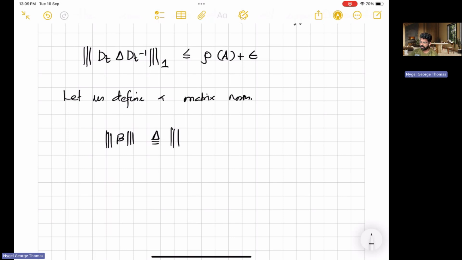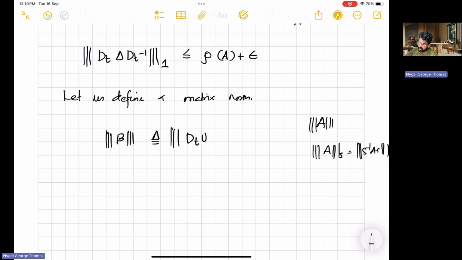If A is a matrix norm, then we can define an S norm such that it is the norm of S inverse A S. This is also a valid norm. All these things are actually constructions to make the proof happen.